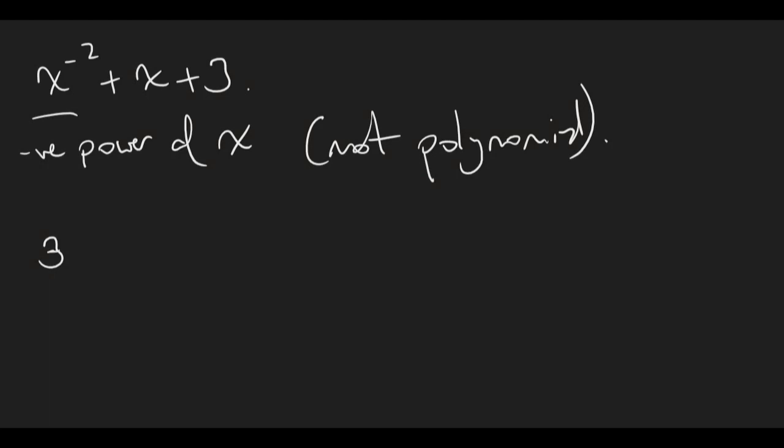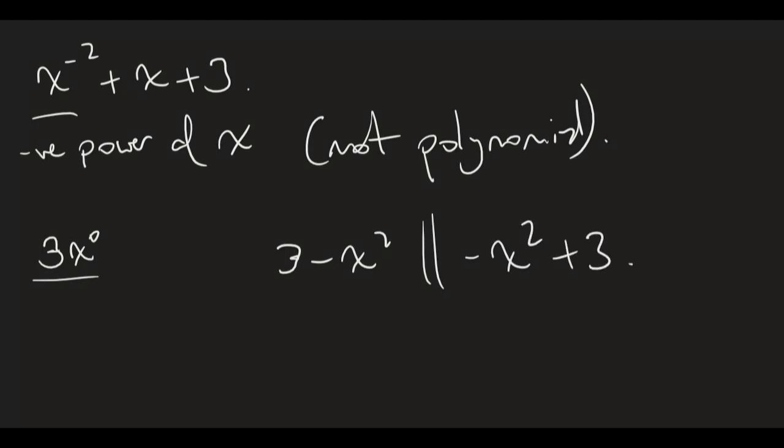In a sense it is, because you can have an x to the 0. I mean, it's also a constant term, and constants are polynomials. And also if you had, say, 3 minus x squared, that might be hard to spot that it's a polynomial, but if you put it in the form minus x squared plus 3, we've got an algebraic term with a positive integer power of x, and we've got a constant. So this is a polynomial.